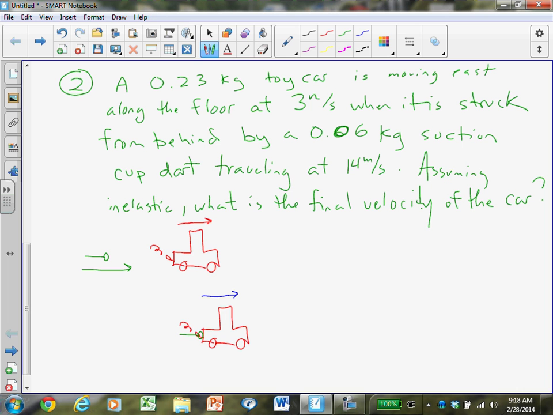Conservation of momentum for an inelastic collision, right? So we got m1 v1 plus m2 v2 equals the masses added together times v prime.